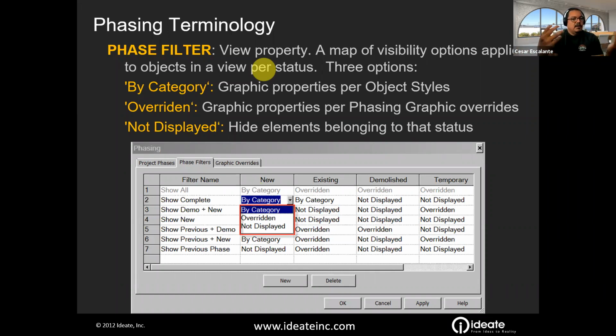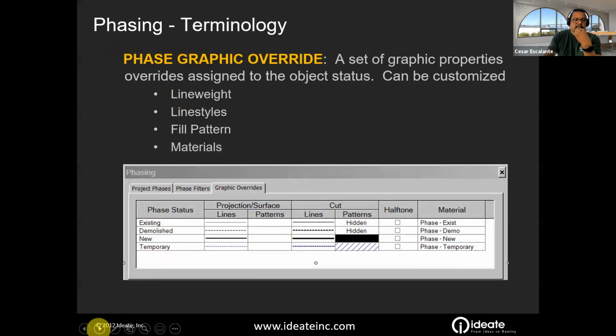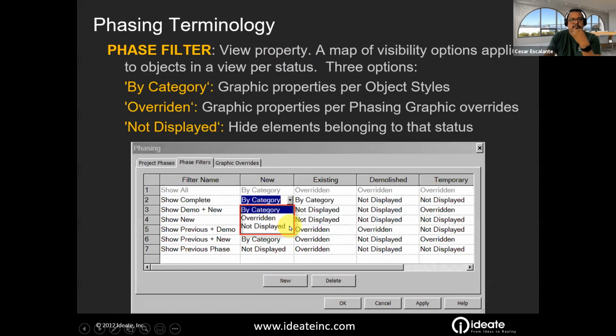This is applying the object styles. In other words, respect the default settings, the overall default settings. You can trump the object styles and apply an overridden toggle. The overridden toggle applies the properties from the phasing overrides. I mean, applies these settings. Or you can choose to not display them at all.